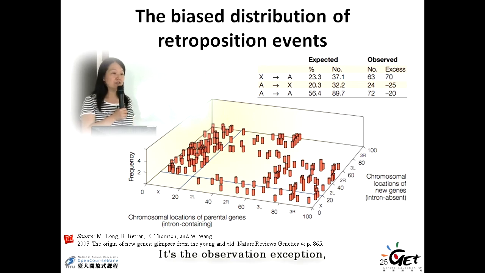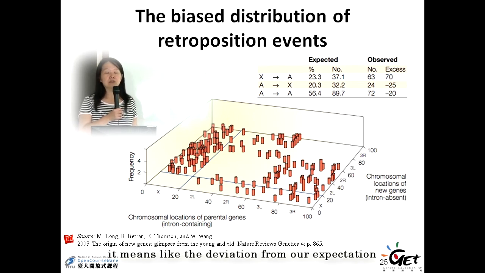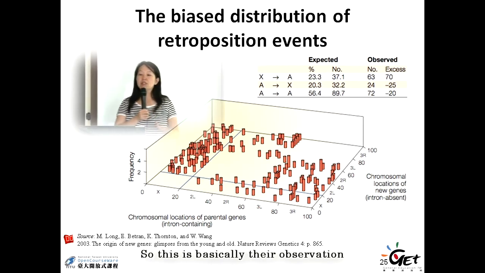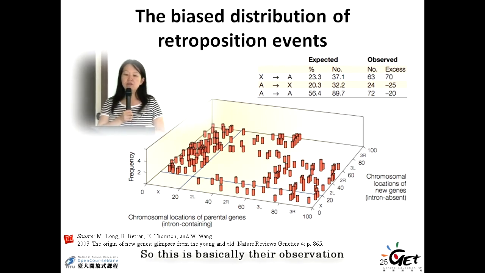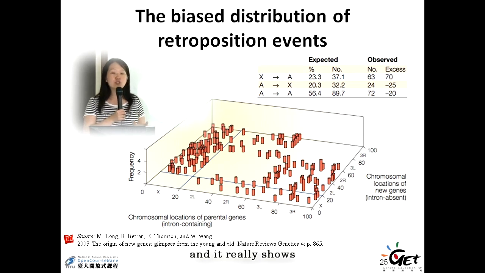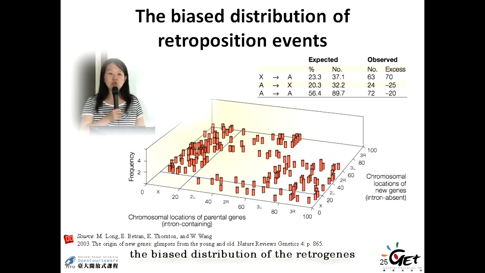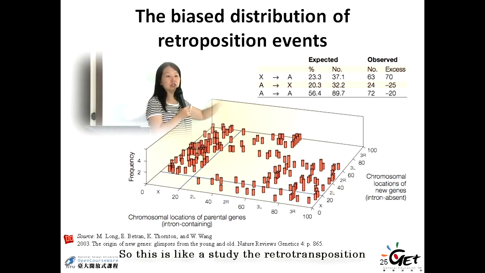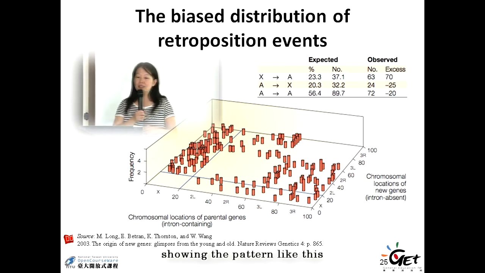Is the observation exceptional, meaning it deviates from our expectation? So this is basically their observation, and it really shows the biased distribution of the retrogenes. So this is a study of retrotransposition showing a pattern like this.